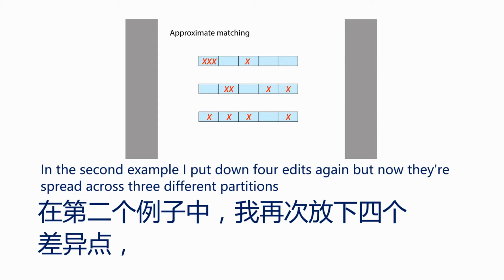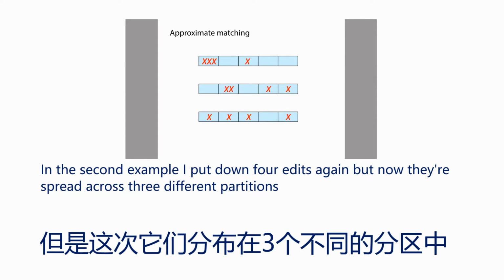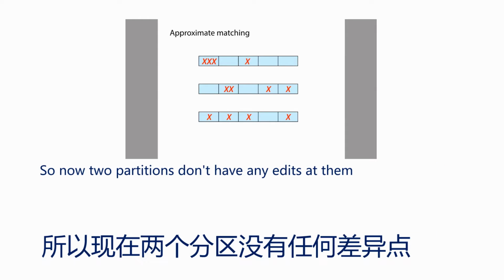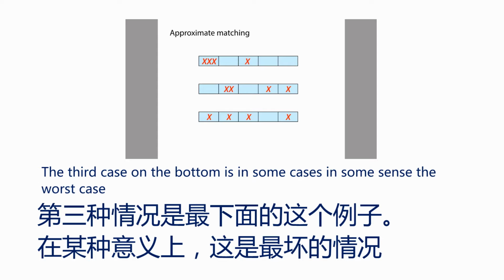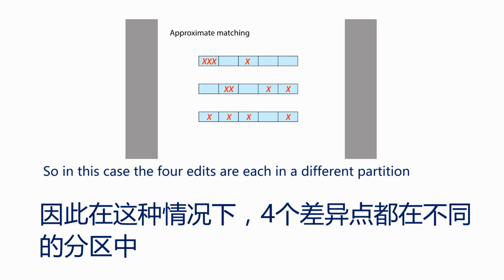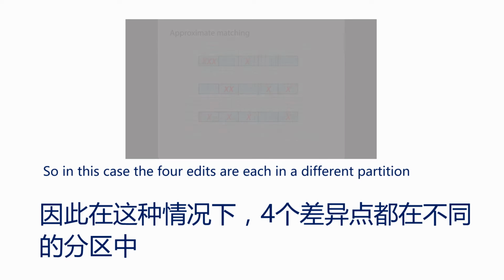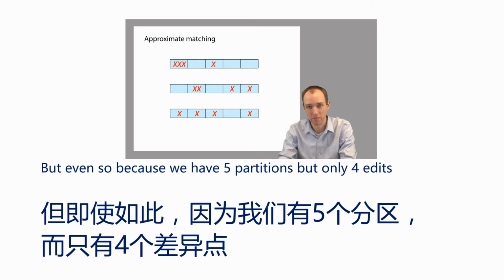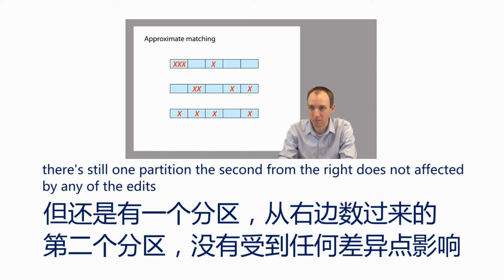In the second example, I've put down 4 edits again, but now they're spread across 3 different partitions. So now 2 partitions don't have any edits in them. The third case on the bottom is, in some sense, the worst case. It's the case where the edits are distributed as evenly as possible across the buckets. So in this case, the 4 edits are each in a different partition. But even so, because we have 5 partitions but only 4 edits, there's still one partition, the second from the right, that's not affected by any of the edits.